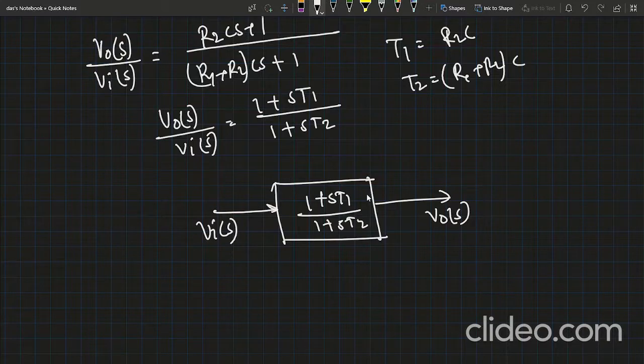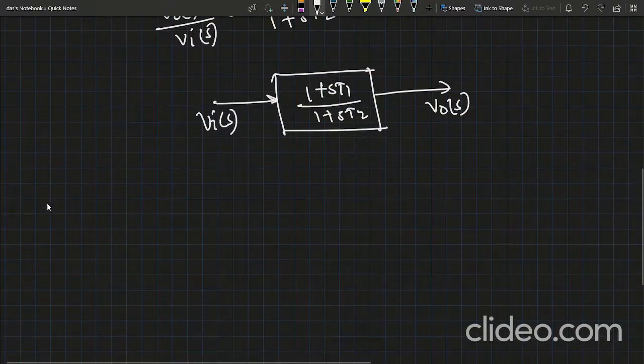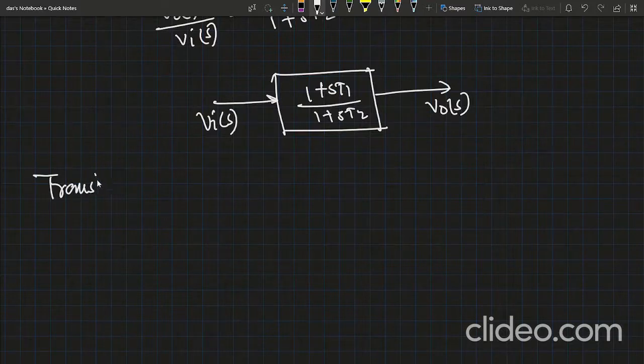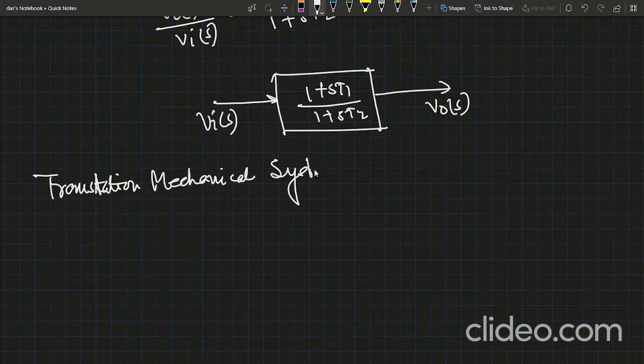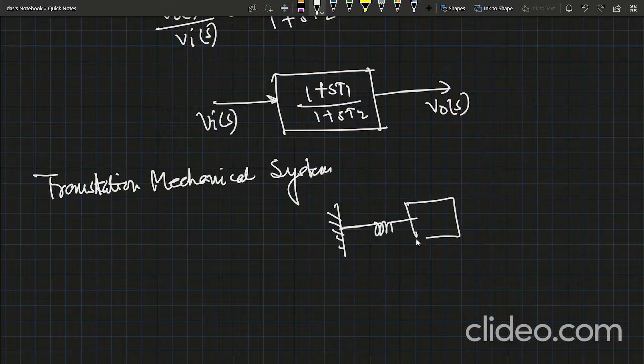Now consider the mechanical system. What is a mechanical system? This is also known as a translational mechanical system. This is very important. The equivalent model has one spring attached, one mass, and a damper with damping coefficient F for this particular media.